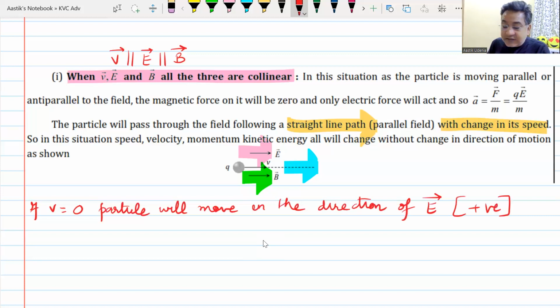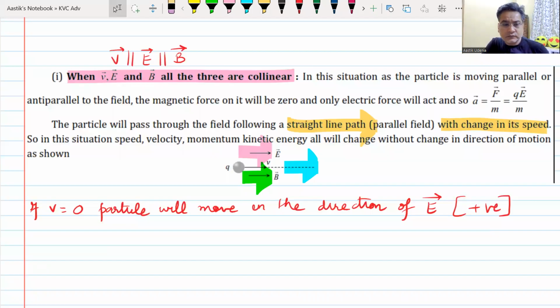If the particle is negatively charged, it will move opposite to the direction of the electric field. I'll give you 2 minutes to note this down. Then we move on to the next case.